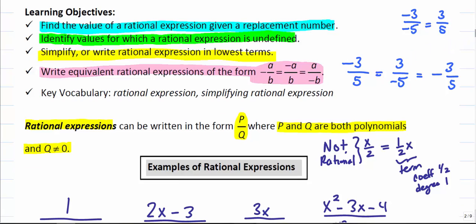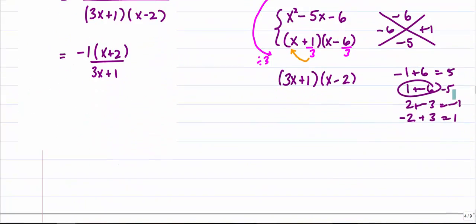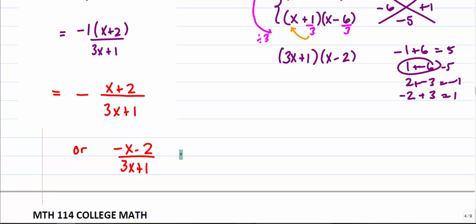So when I saw this problem down here that we just did, what I would do on this answer is write it as negative x plus 2 over 3x plus 1. But you could have also written it as negative x minus 2 over 3x plus 1, or x plus 2 over negative 3x minus 1.